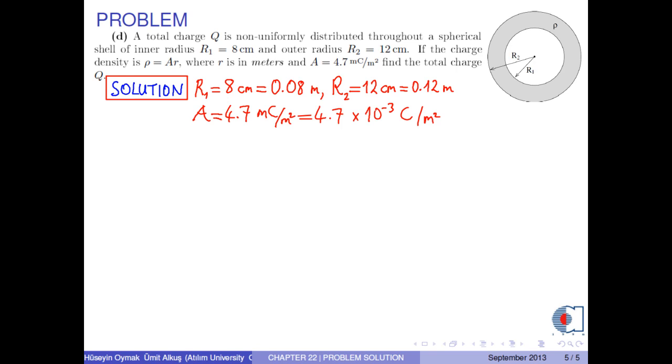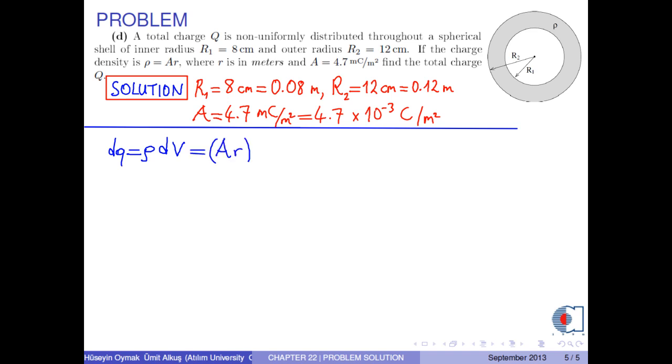dQ is found by the formula ρ times dV. Here ρ is A times R and dV is 4 pi R squared dr, or simply 4 pi times A times R cubed dr. Now we integrate both sides.